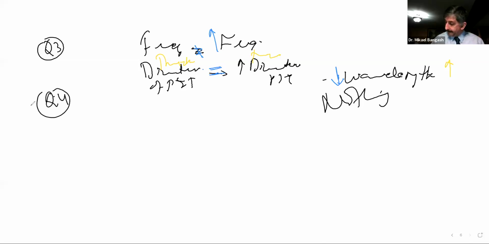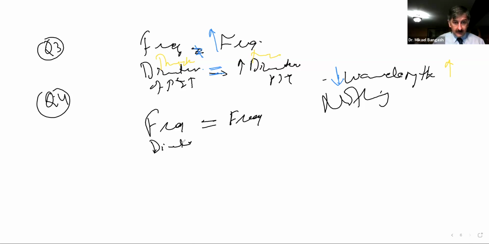Question number 4. Now, the frequency of the transducer does not change. So again, the frequency remains the same. If the diameter of a new piezoelectric crystal increases, what happens to the diameter in the near zone?